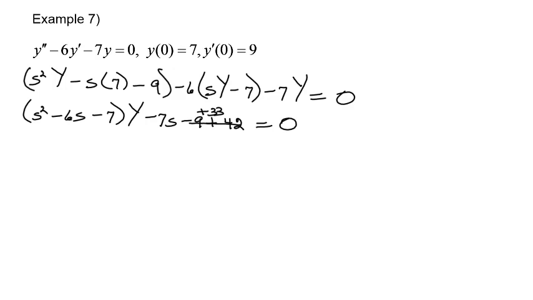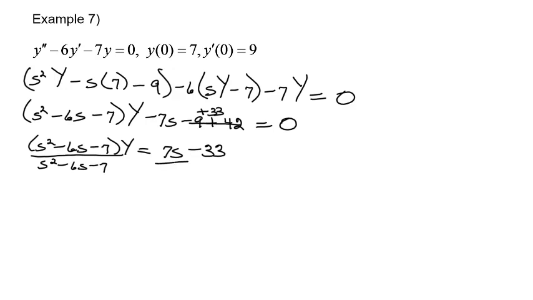And your next step is to move any terms that don't have cap y in them to the opposite side of the equation. So I'm going to leave this the way that it is, and I'm going to add 7s, and I'm going to subtract 33. You get an equivalent equation. And the last thing you want to do is divide both sides by the coefficient of y.